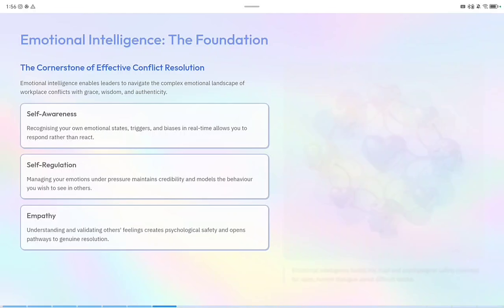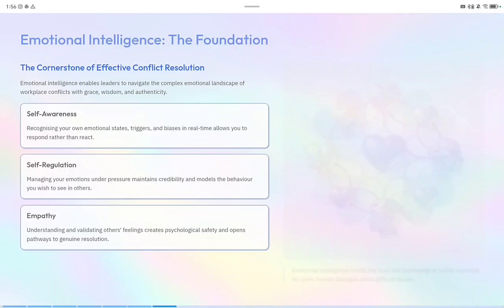Self-awareness means that you know your emotional state, you know what triggers you, you know what biases run within you in real time, so that it helps you to respond rather than react, right?